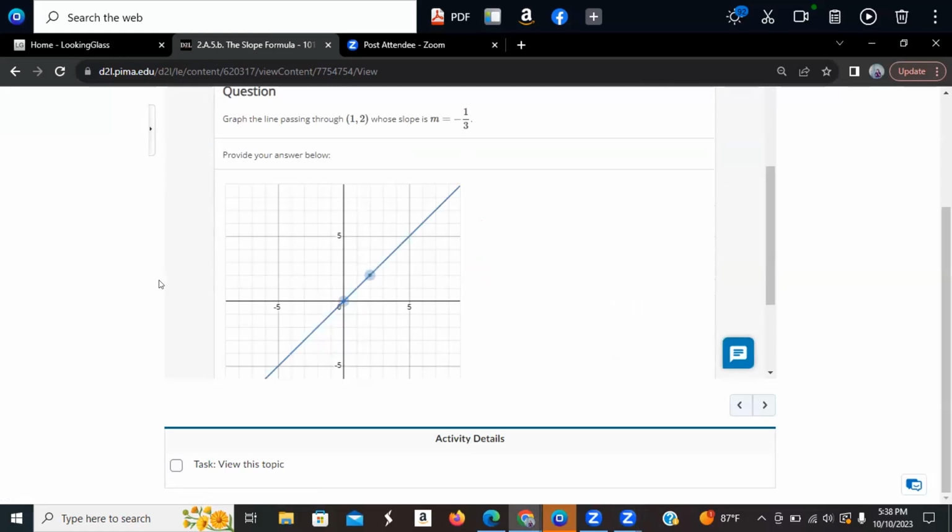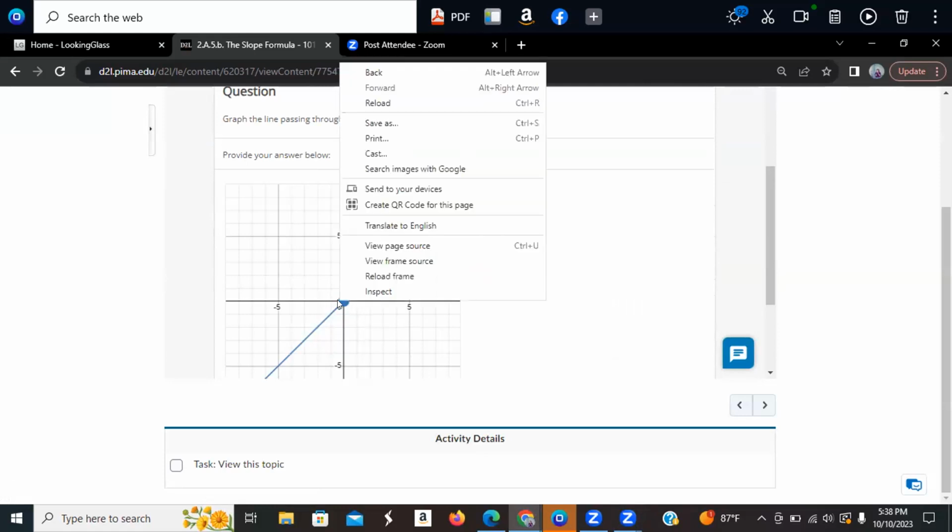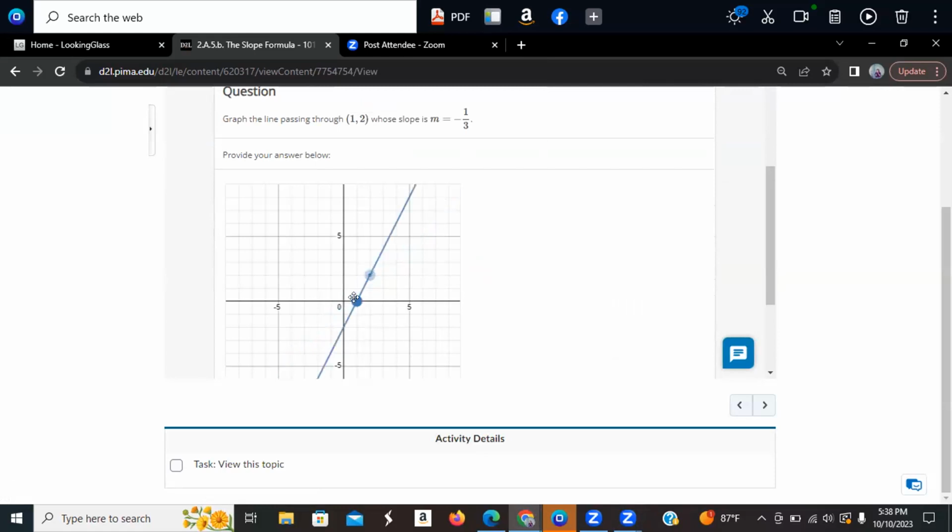Okay, this is like the first ones we did. You have to go to that first point, 1, 2. So remember, 1, 2 is right 1 up 2. Good.